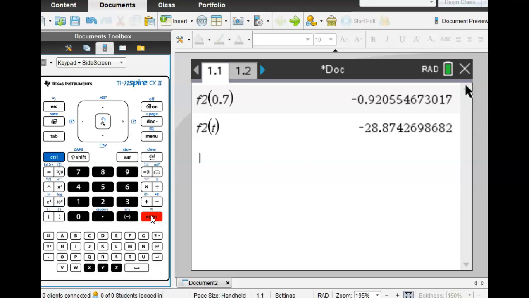It says value undefined. Did you not call it T? Did you hit enter after you named it T? Go back to your graph. Are you bolded? It was, and now it's not. So go back. When you're here, do T and enter, just so that you can see if that's what you got.